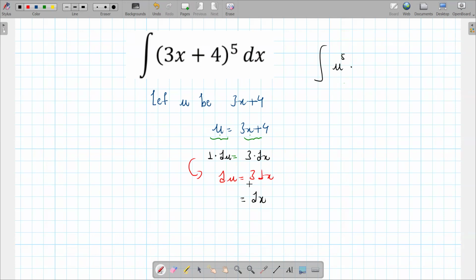Divide both sides by 3, right? That'll be du divided by 3. Now 3x plus 4 is a u. Power 5 is unchanged. And dx is going to be du over 3, like that.